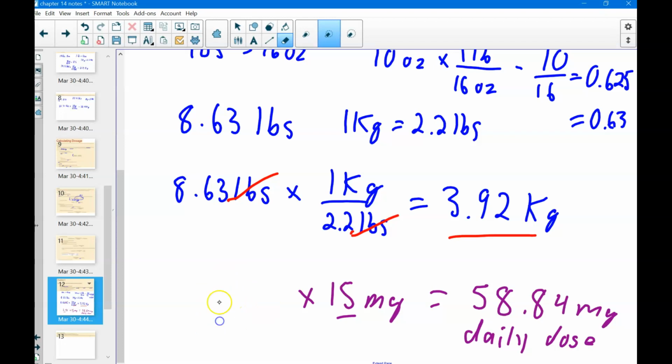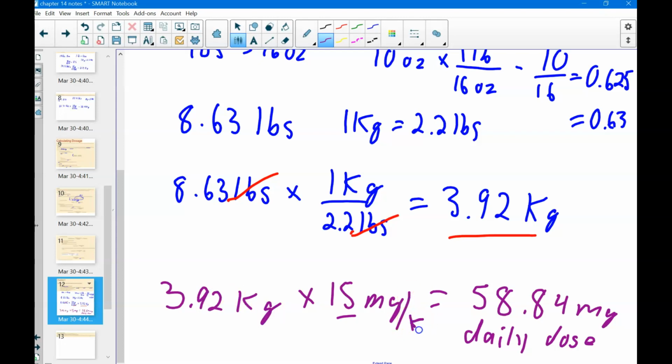Just showing the units calculation. We had 3.92 kilograms, 15 milligrams per kilogram, and you would see that kilograms would cancel, and in fact we would be left with milligrams. Just wanted to show you the cancellation of units.